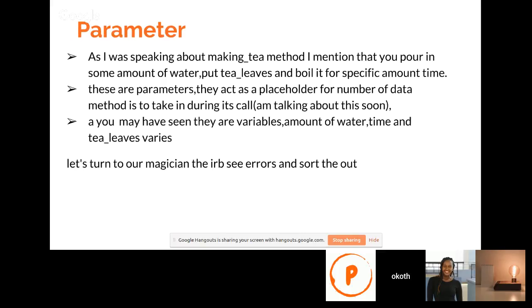These are parameters. They act as placeholders for the data the method takes in during its call. I'll be talking about the call soon. As you may have seen, they are variables. The amount of water, amount of time, and tea leaves vary.